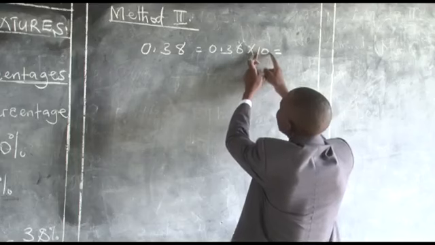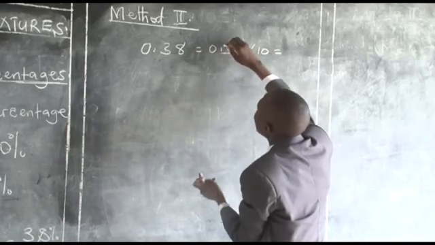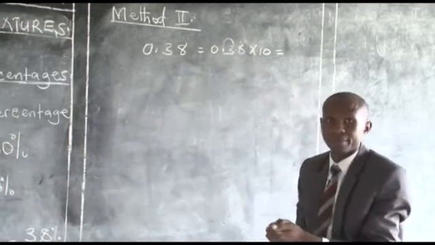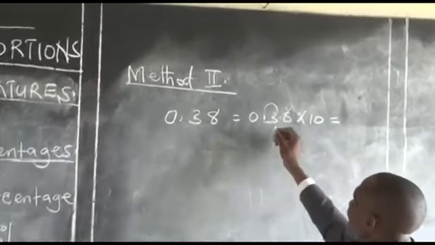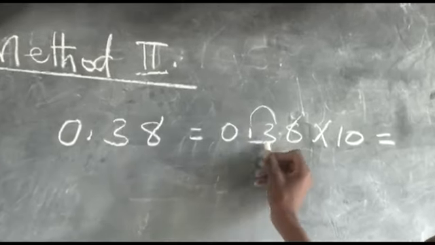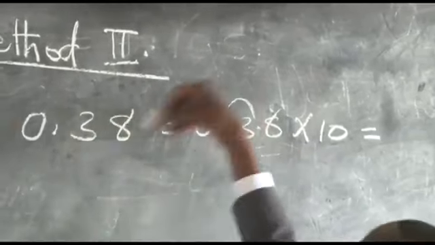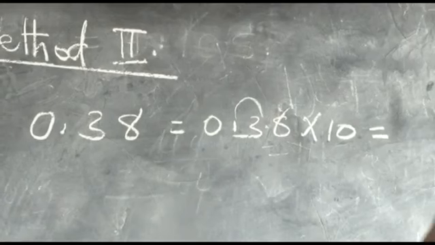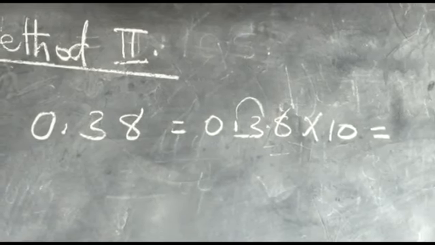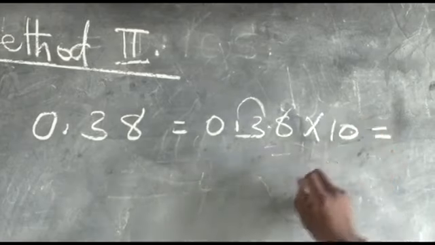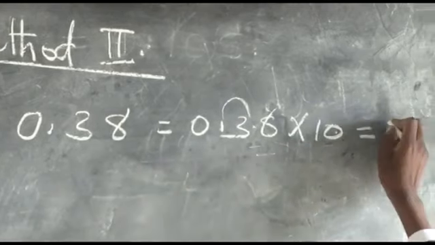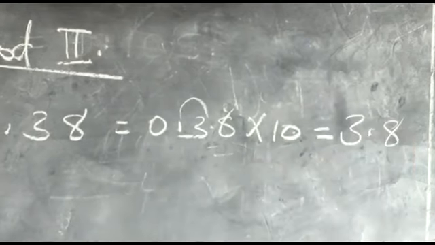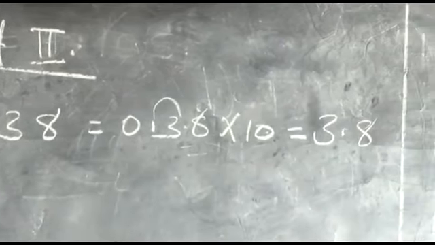When you multiply by 10, it shifts this decimal point from here up to here. But if you are dividing, it shifts from here, bringing it in front. When you are multiplying, it brings it backwards. So after multiplying by 10, this will give us 3.8.